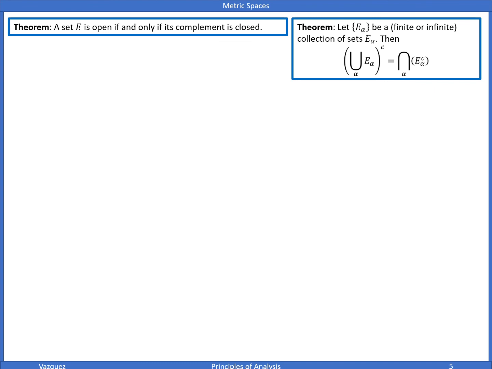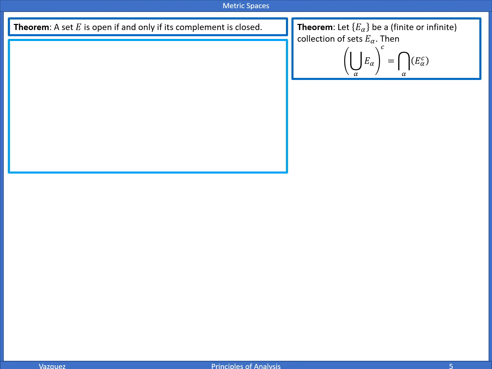So for this one, I'll be drawing pictures to help our intuition. So first, we're going to suppose the complement of E is closed. I want to choose a point X in E. So I'm just going to draw a picture down here. E complement will be in red and E will be in blue.